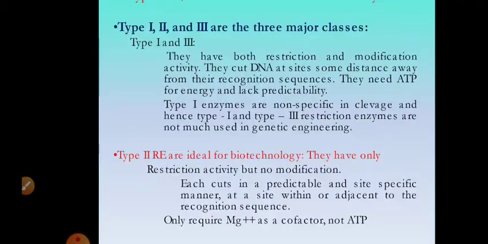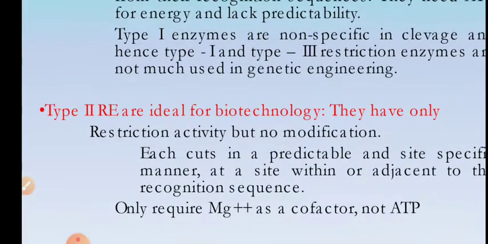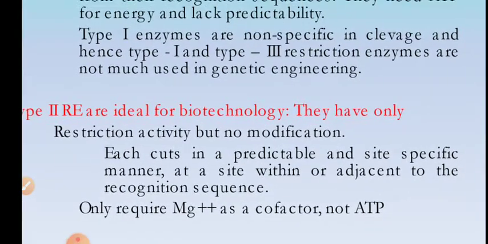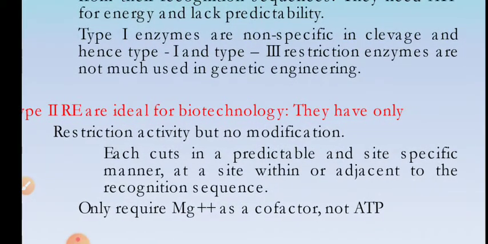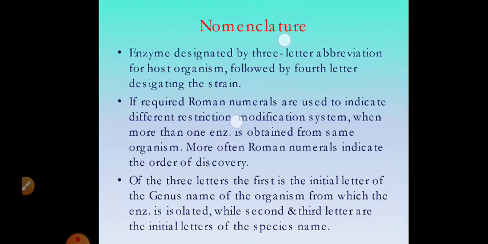They do not require ATP. So type 2 restriction enzymes are desirable because they do not require ATP, only magnesium ions. They have only restriction activity, no modification activity. Each and every cut is predictable and site specific, and hence they are used widely in genetic engineering experiments.